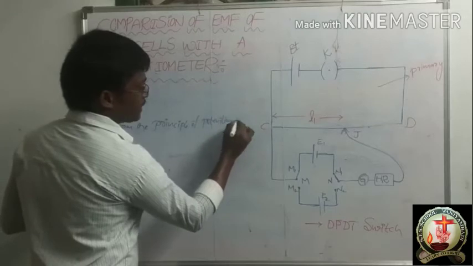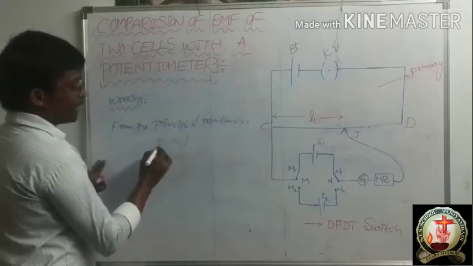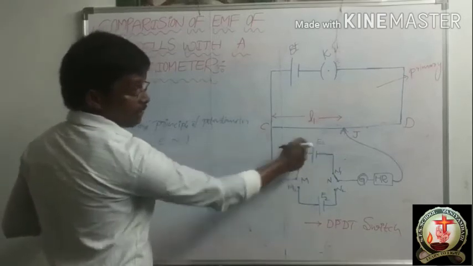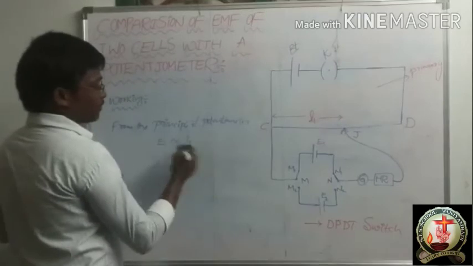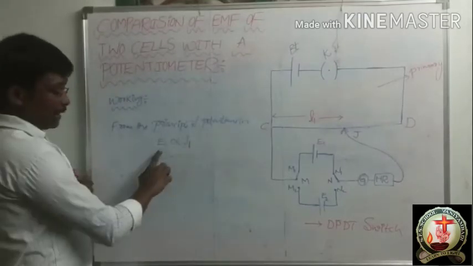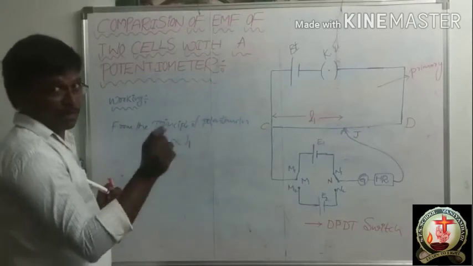What is the principle? EMF of a cell is directly proportional to length. Here, what is the cell EMF? E1. What is the balancing length? L1. From the principle, E is directly proportional to L, where E means EMF and L means balancing length.